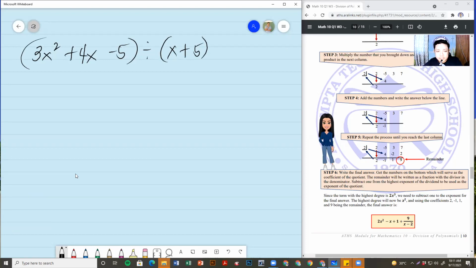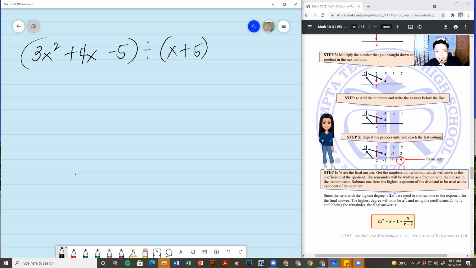So, what do you prefer, synthetic or long? Type in the chat box, please. What do you want? Synthetic or long division? Okay, marami ang synthetic. Okay, majority wins. Oh, sige, let's do both later. So synthetic muna tayo. Do you have a complete set?